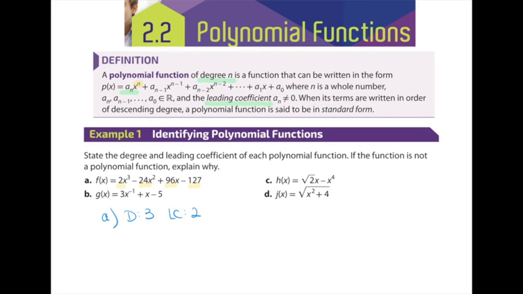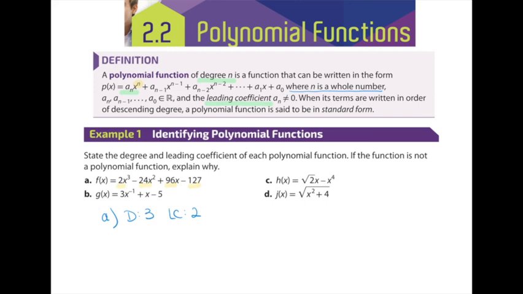Let's look at B. All right, so the first thing I want you to look up here is a little caveat. It says a polynomial function of degree n is a function that can be written in this form where n is a whole number. All right, so we're going to actually have to refer back to the technical definition of whole number.